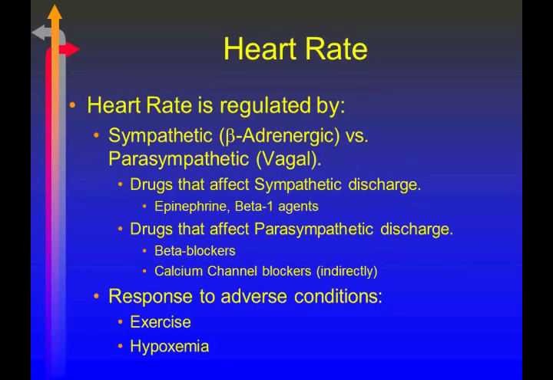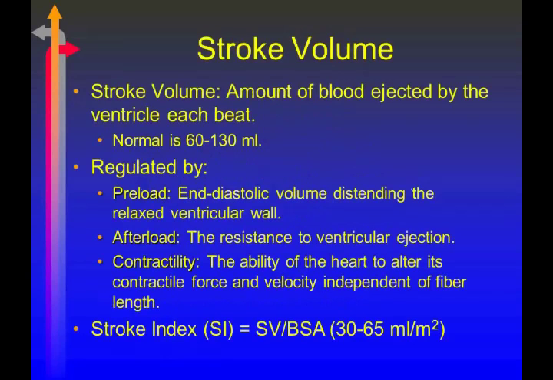And this is what some drugs like some beta blockers and calcium channel blockers do. Normally the heart rate is maintained and would be increased whenever we have an increase in demand, either due to exercise or from a pathophysiological reason secondary to hypoxemia.